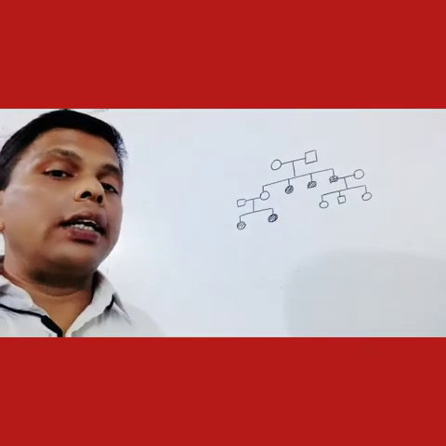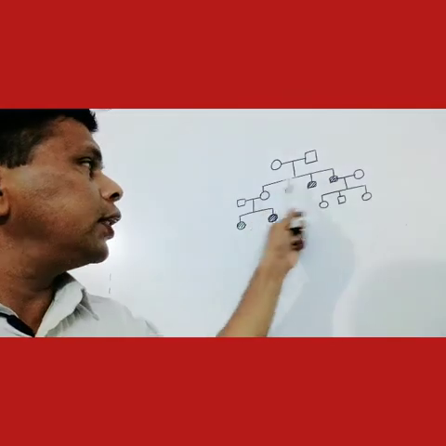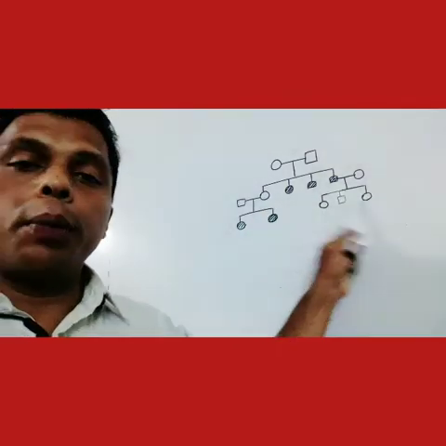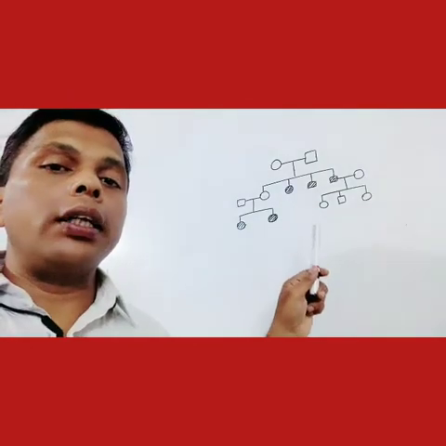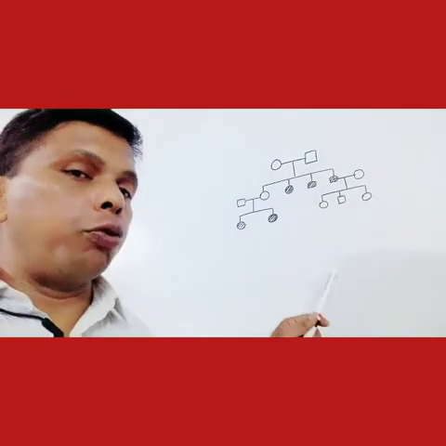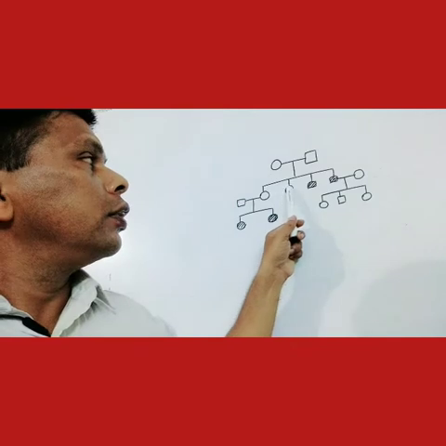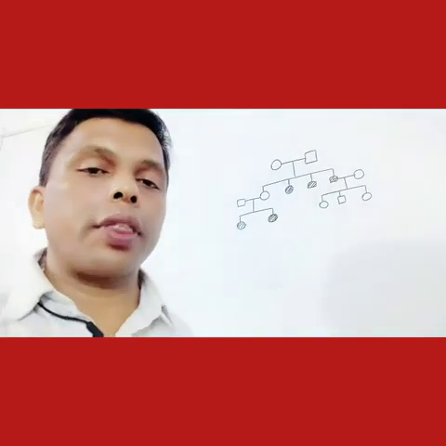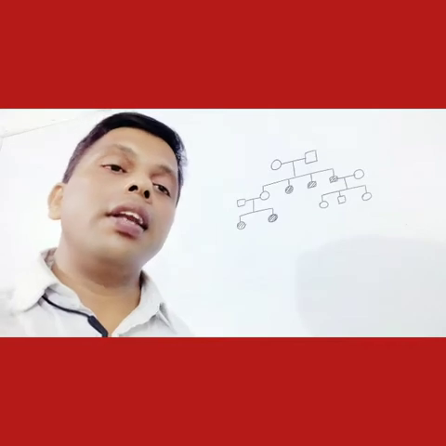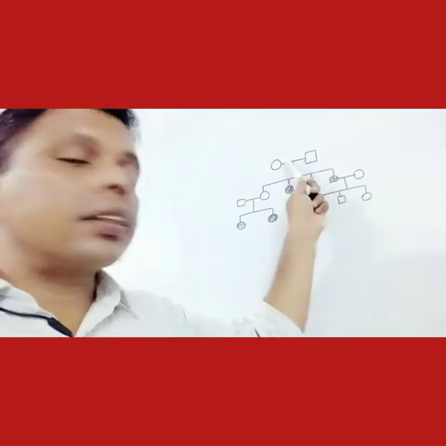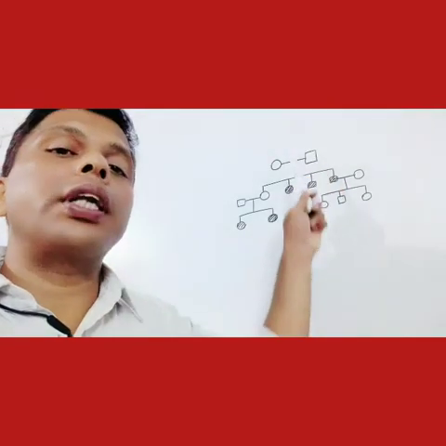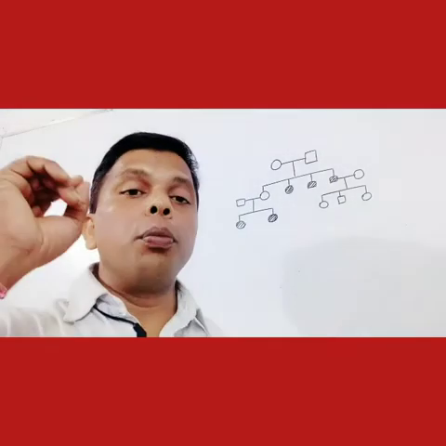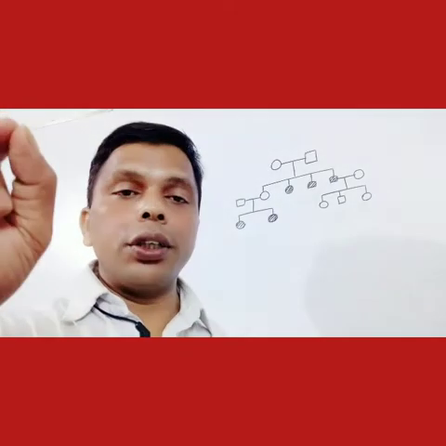This generation is F1, this is F2. In the F1 generation, the phenotypic expression is found. Then it was hidden in the previous stage and appeared in this stage, so it must be a recessive disorder.